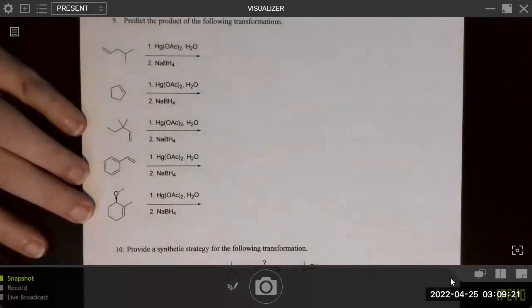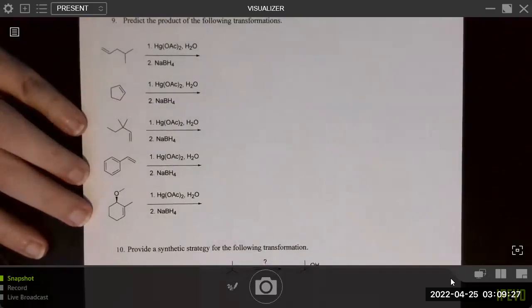Again, we don't have to concern ourselves with rearrangement. This substrate would not have rearranged anyway. So really the product is the same regardless of the hydration reaction being used, either oxymercuration, demercuration, or acid catalyzed hydration.